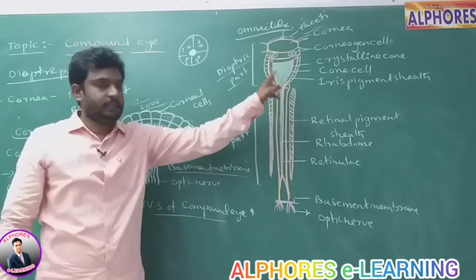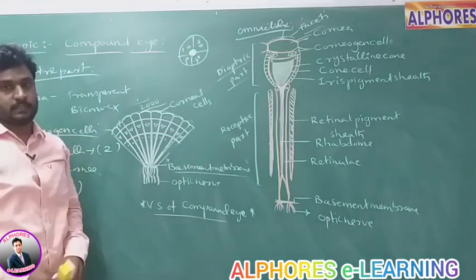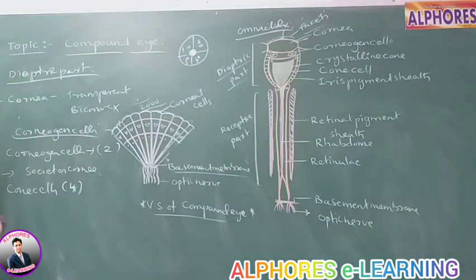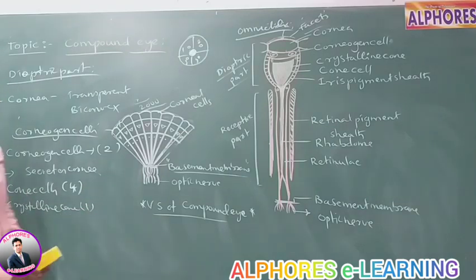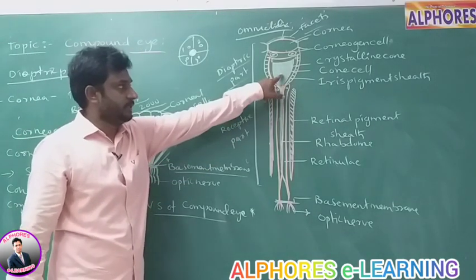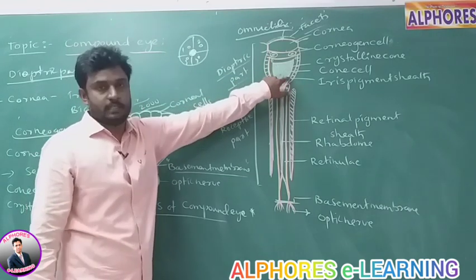The next part is the crystalline cone. It is only one, present in the center, surrounded by four cone cells.